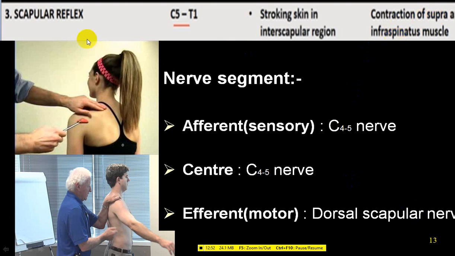This is scapular reflex. Whenever you want to find out the lesion at the level of C4, C5, you will be eliciting that. The root value here is shown C5 to T1, but the main center is C4, C5.